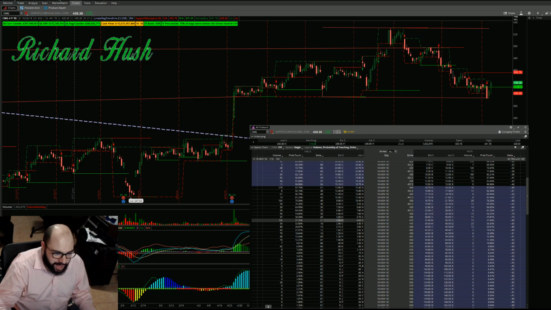Now, that is kind of low probability, right? But it seems to be what people are betting on currently. Okay, and we have some noticeable volume at 450 call strike, 154 calls bought at 950 to 970, it looks like.